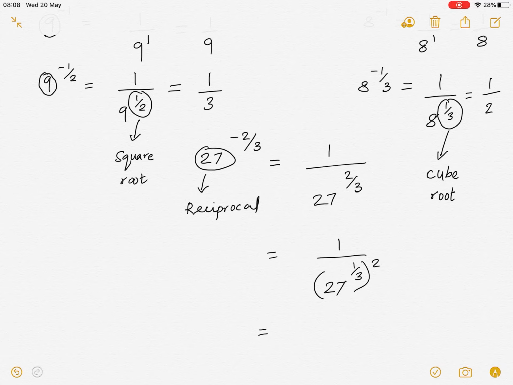Now, we also know power of 1/3 means cube root from the previous example. So cube root of 27 is 3, but then you have a power of 2 remaining, which we have to put back. And then 3 to the power of 2 is 9, so the answer is 1 over 9. Hope this video makes sense to you. Thanks for watching.